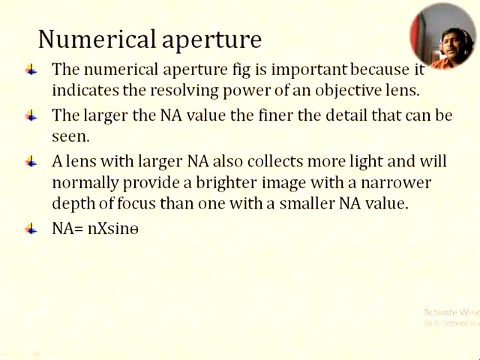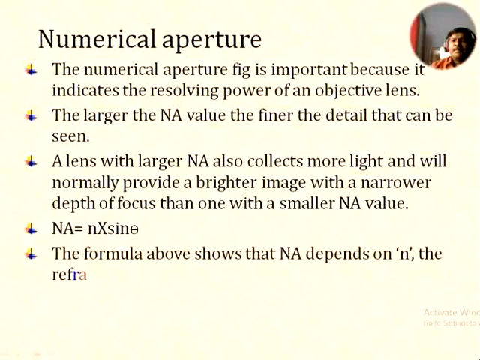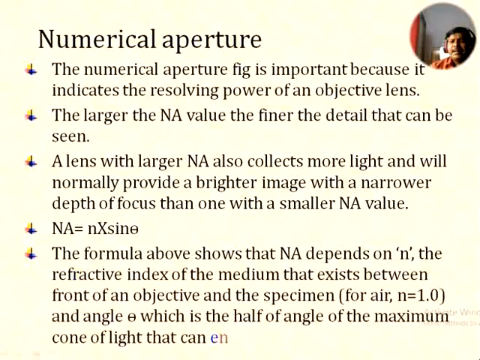The formula above shows that numerical aperture depends upon n, the refractive index of the medium that exists between the front of an objective and the specimen, and angle theta, which is half of the angle of the maximum cone of light that can enter the lens.